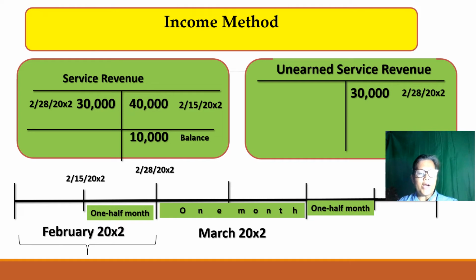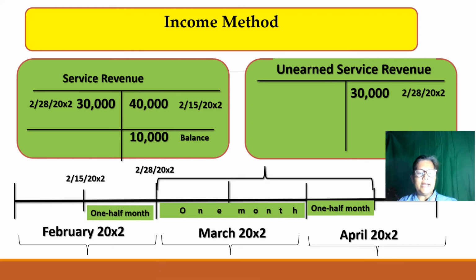And then, for the whole month of March, it is 20,000. Okay, 20,000. And then, for April is 10,000. So, this amount, 10, 10, and 10 is equivalent to our unearned service revenue of 30,000. Therefore, in our reporting period of March 31, we are going to use the amount of 20,000 because it is for the whole month. Okay?